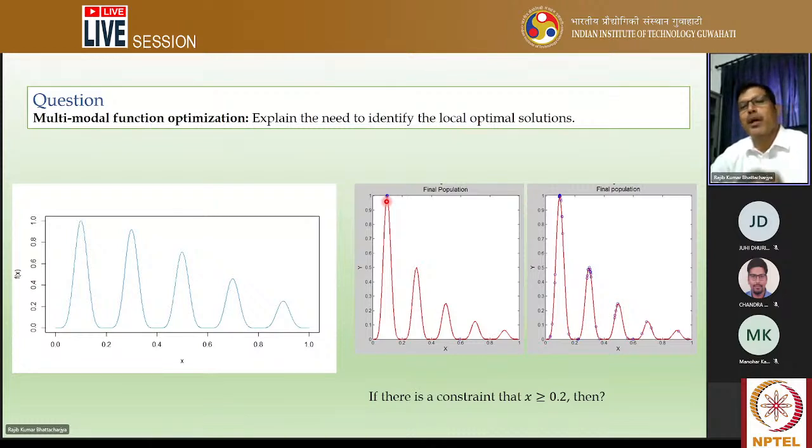But if you apply genetic algorithm, you are not only getting the global optimal solution, you are also getting the local optimal solutions of the problem, or of any problem that has more than one optimal solution.